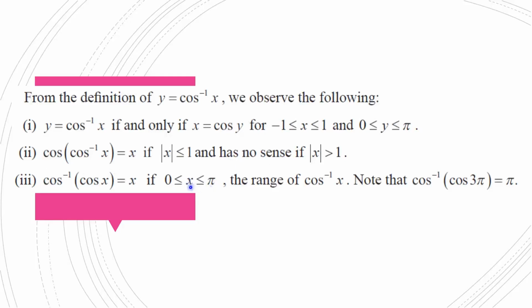That is, the x value must lie between 0 to pi. That is the range of cos inverse of x. So in particular we have to note that cos inverse of cos 3 pi, that answer is equal to pi.